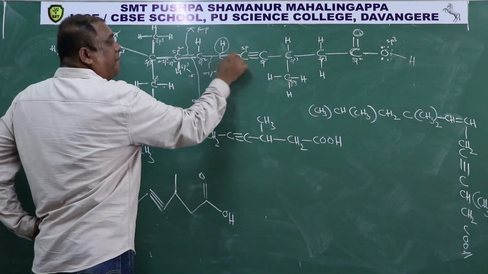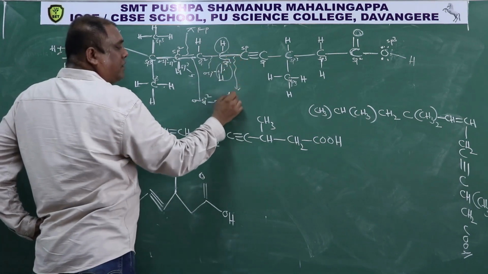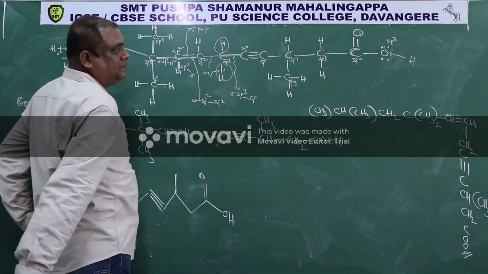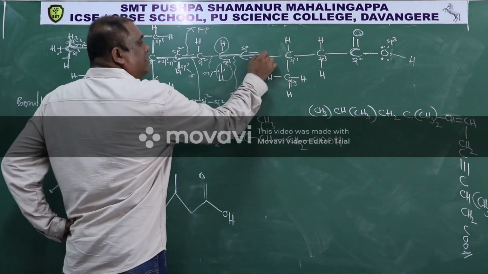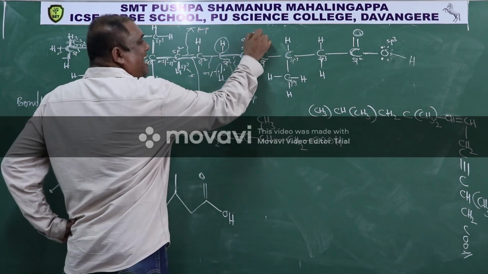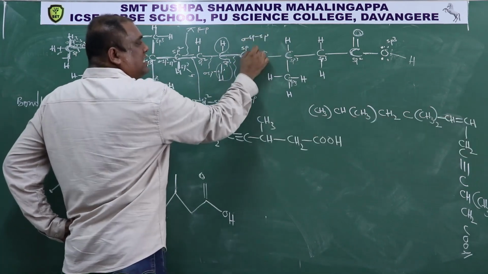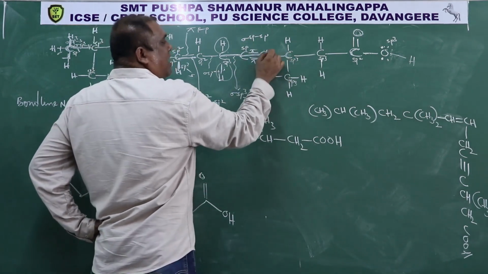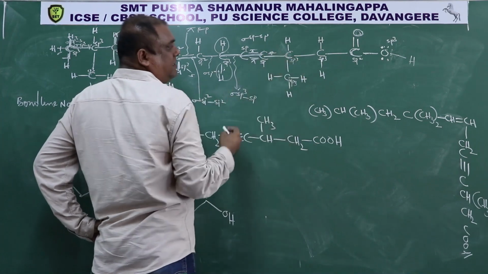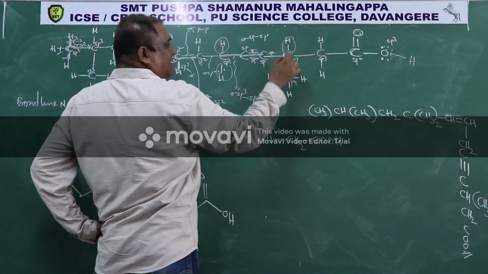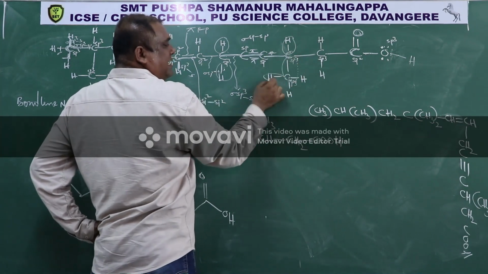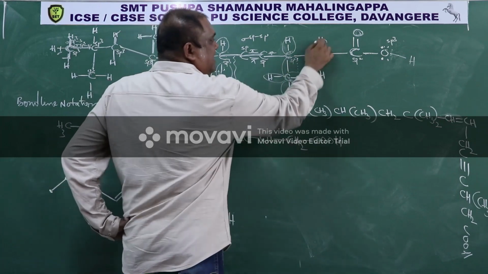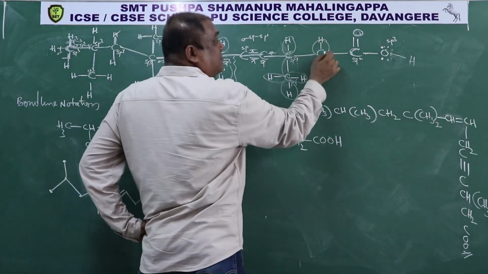Now this one is sigma sp3-sp. This one is sigma sp-sp, and these are pi pp, pi pp. Now this one is sigma sp-sp3. Now this is sp3-s, sp3-sp3, sp3-s, sp3-s, sp3-s, sp3-sp3, sp3-s, sp3-s, sp3-sp2.